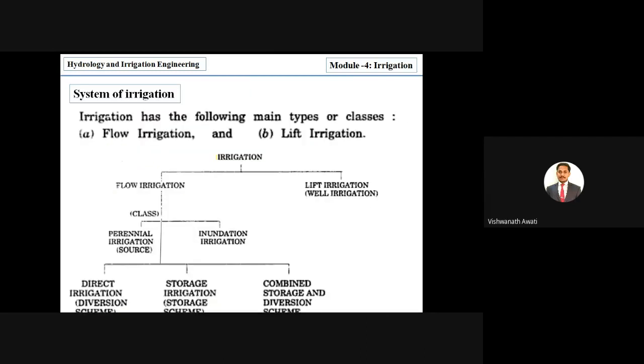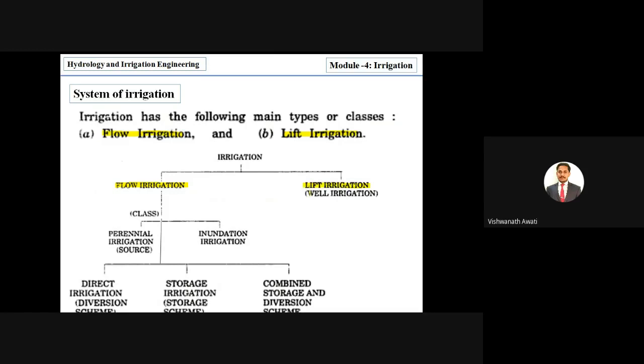Next we will study the system of irrigation. There are many types of irrigation, but mainly it is flow irrigation and lift irrigation, and we will see what we mean by each. As in the flow chart, irrigation is divided into mainly two parts: flow irrigation and lift irrigation. Lift irrigation is also known as well irrigation.